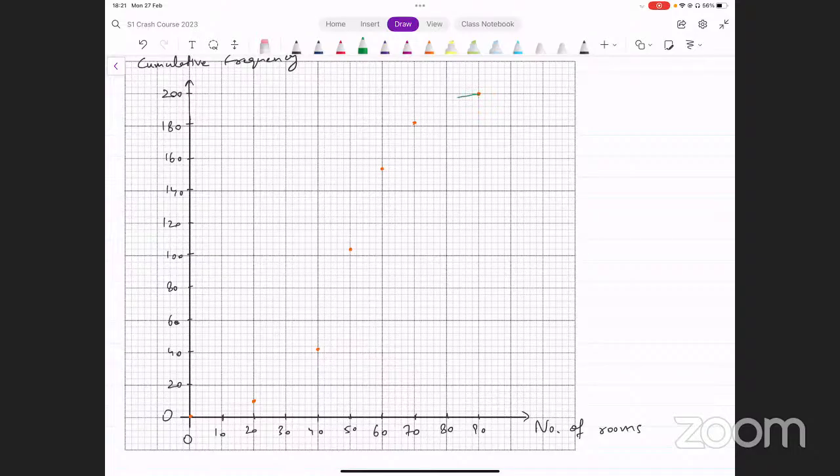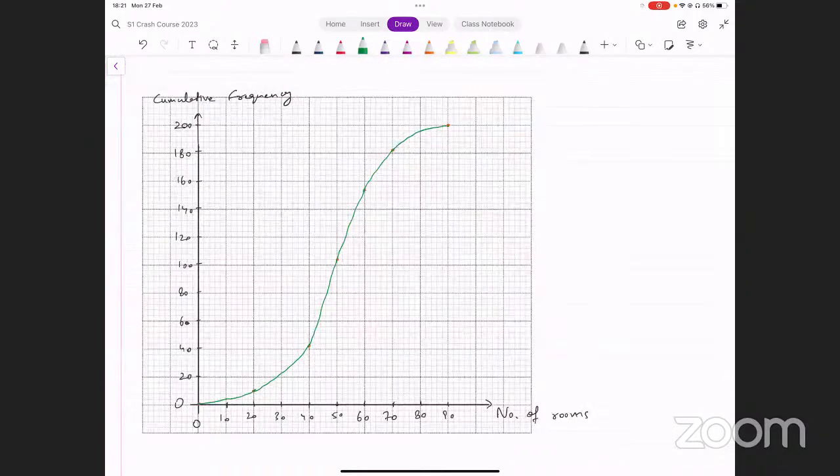So it might look something like this. This is what the curve looks like, right? This is the cumulative frequency curve, and that's how you draw it.